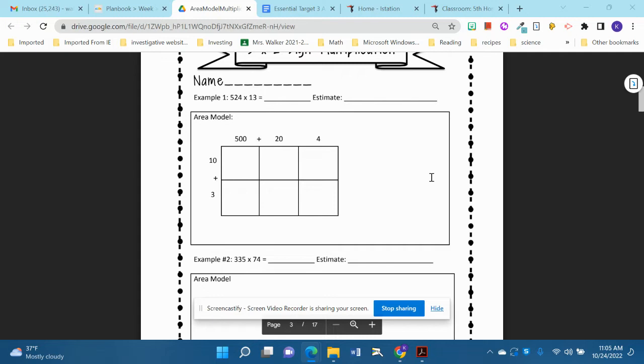Why is this not turning on? It's not working. My tablet's not working. It was a second ago. Why is this not working?